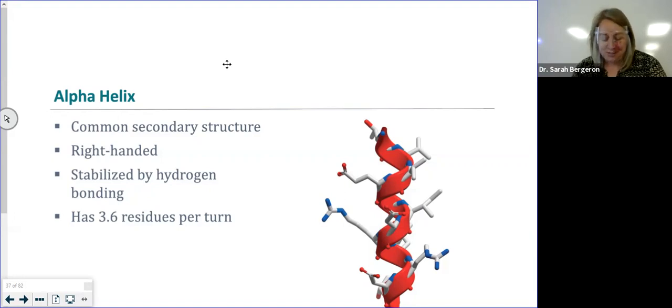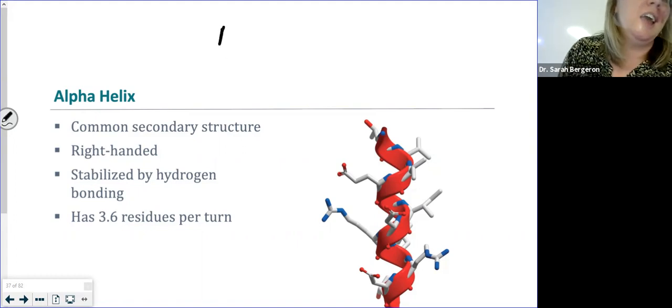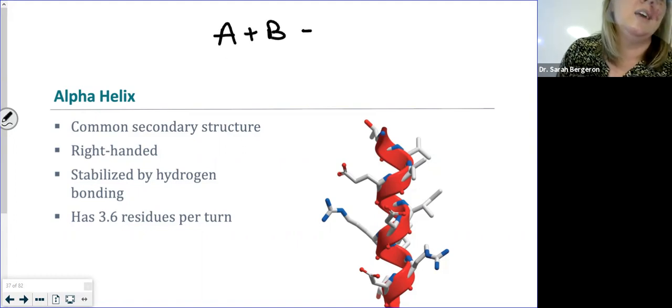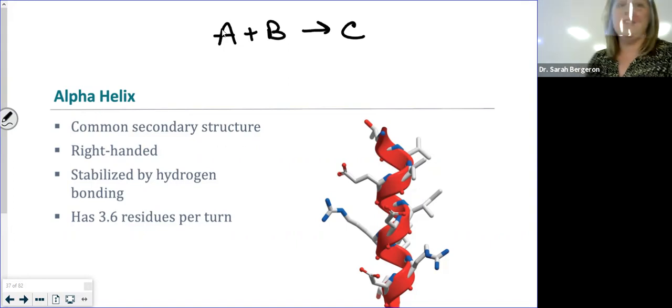What is number 12? Under which conditions would a biological reaction spontaneously proceed if delta G is greater than 0? If delta G is greater than 0, it's non-spontaneous in the forward direction, right? So that's saying A plus B goes to C, and it's non-spontaneous in the forward direction currently.